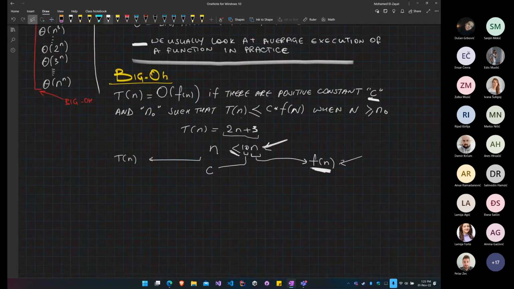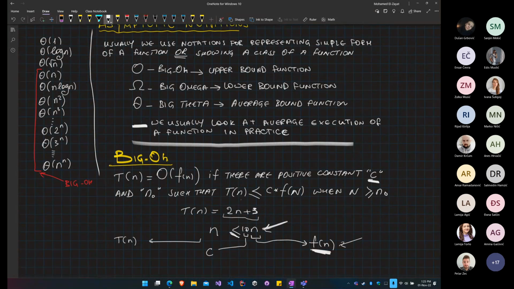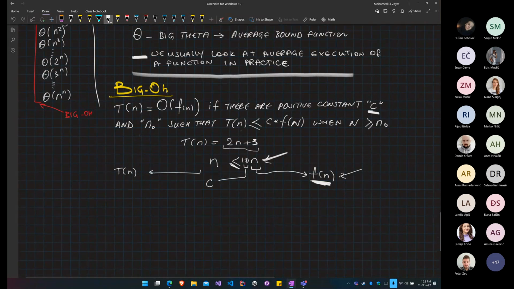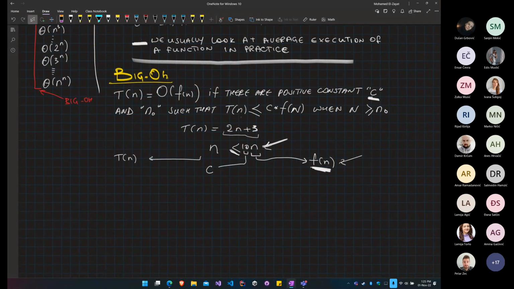Based on that, if that function, f of n, equals big O of n, and you say it is a big O, then yes, it is correct.